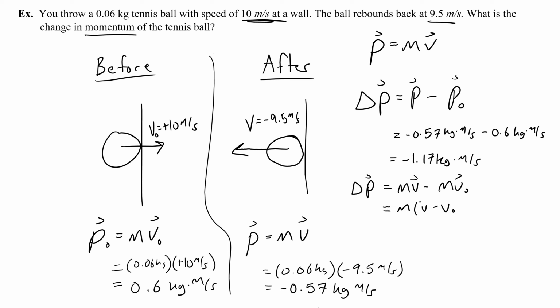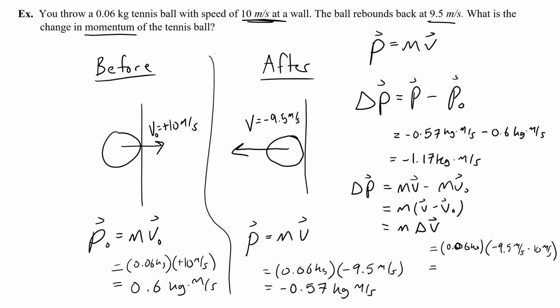and have v minus v naught, which is like saying m delta v. So to calculate that momentum, you could do the mass, which is 0.06 kilograms times just the change in velocity, which would be negative 9.5 meters a second minus 10 meters a second, which would be a negative 19.5.